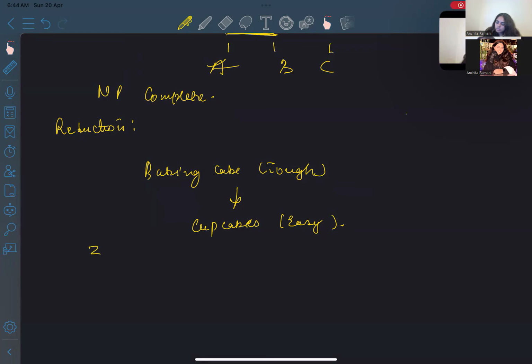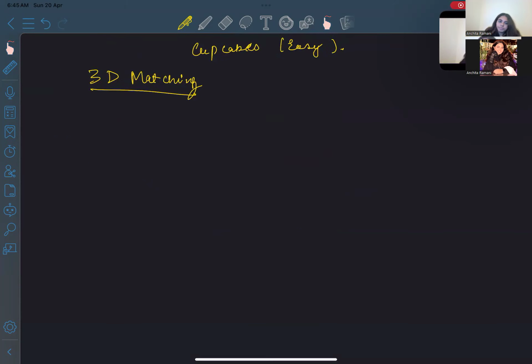Now moving on to 3D matching, which is a known NP-complete problem. Here we are going to do a polynomial time reduction in order to convert it to X3C, which is a new problem.